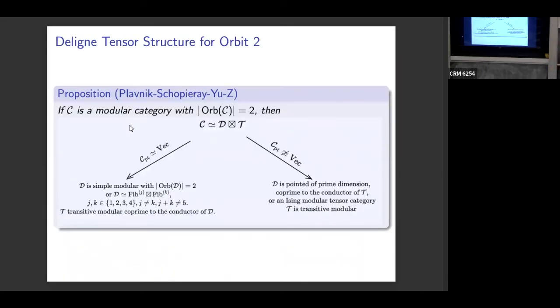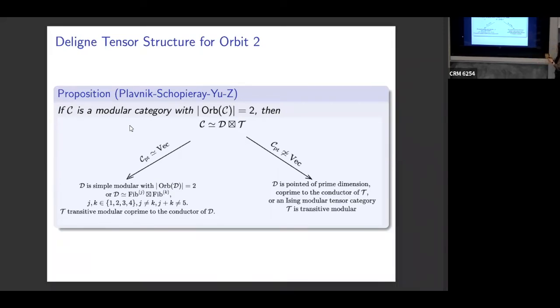Okay, so in this paper with Plavnik, Schopieray, and Zhiqiang Yu, we studied how the Galois group action interacts with the fusion subcategories. We have some general results, perhaps can be applied to bigger orbit sizes.